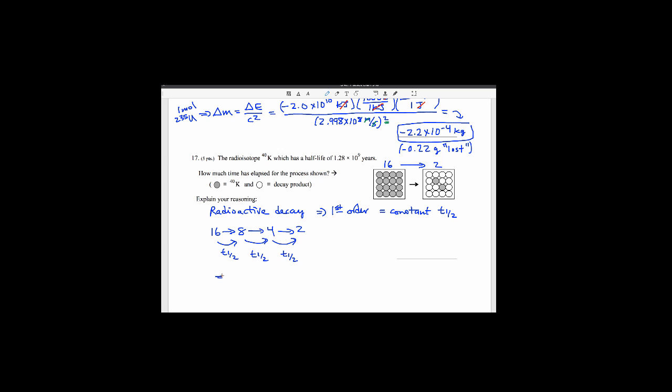So we have 3 half-lives total that occur. 3 half-lives of 1.28 times 10 to the 9th years totals up to 3.84 times 10 to the 9th years of time elapsing. And that's it for the practice 4th exam key.